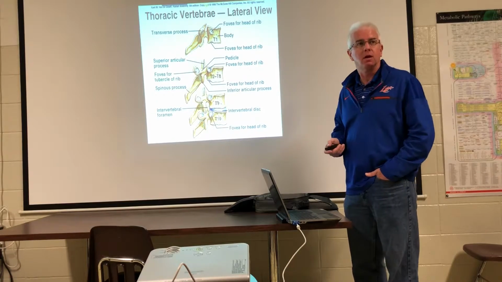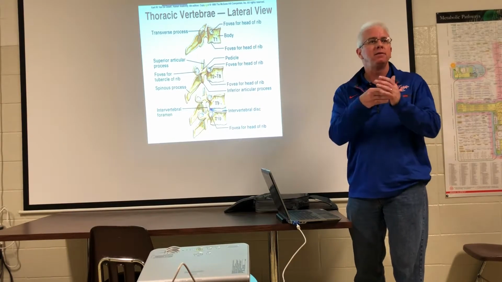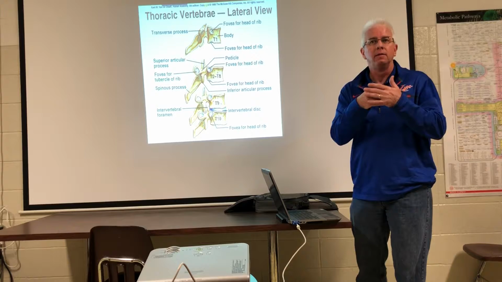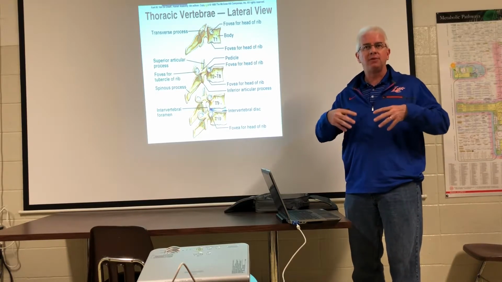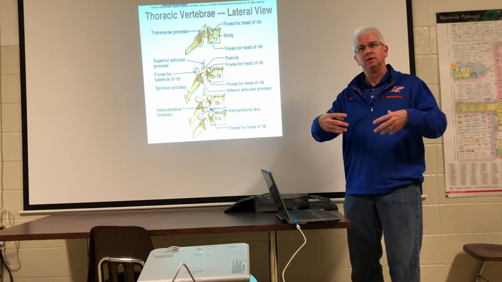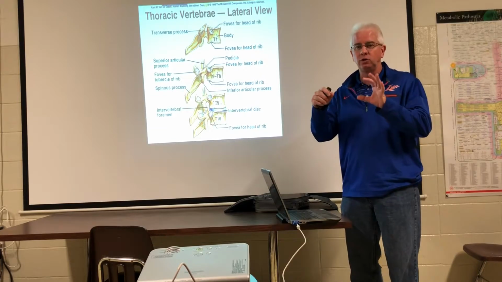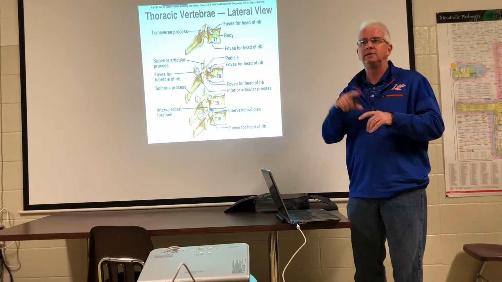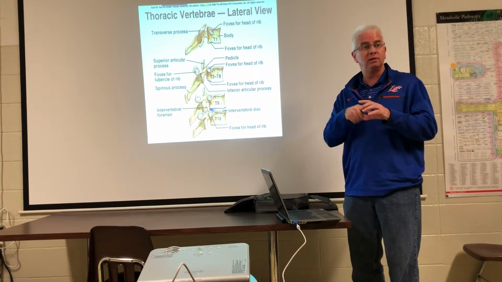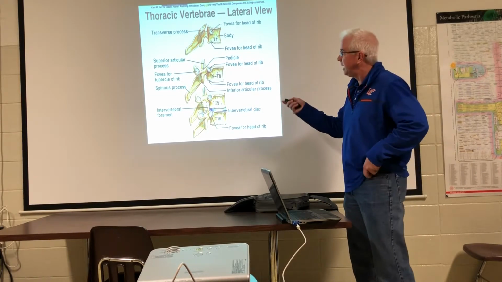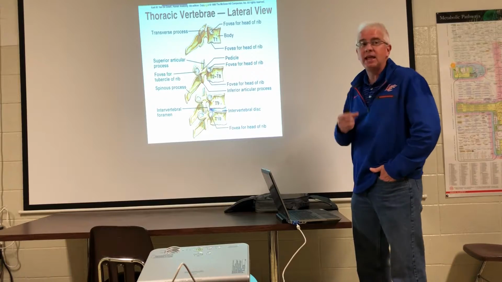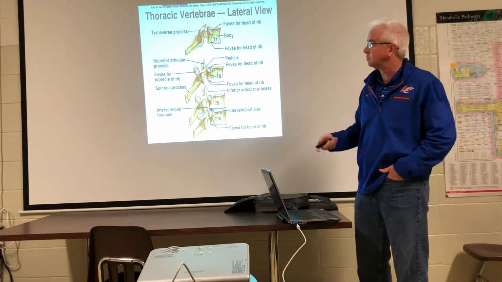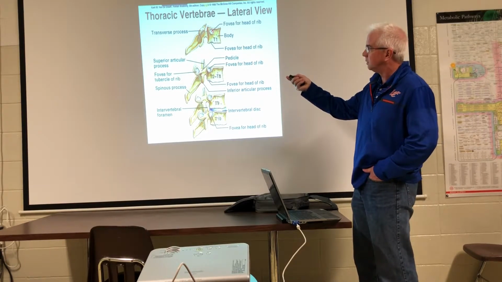Yeah, they don't hit center of the body. They actually hit at the junctions of the bones. So a head of a rib is going to articulate with more than one thoracic bone. You don't get T1 to T1, you get T1 to T1 and T2. So the heads of the ribs articulate at the edges, at the tops and bottoms. This one doesn't show it as well.